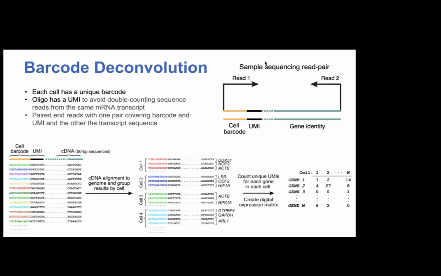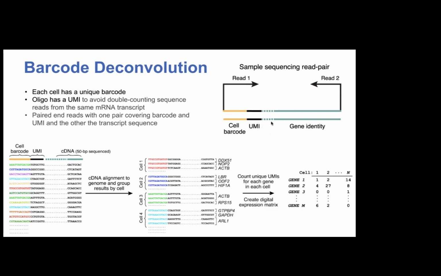In 10x Genomics, they do paired-end reads. On the one read, you have the barcode and the UMI. I'll explain the UMI in a bit. In the other one, you have the gene. They actually recommend that you only sequence, I think, 26 base pairs.